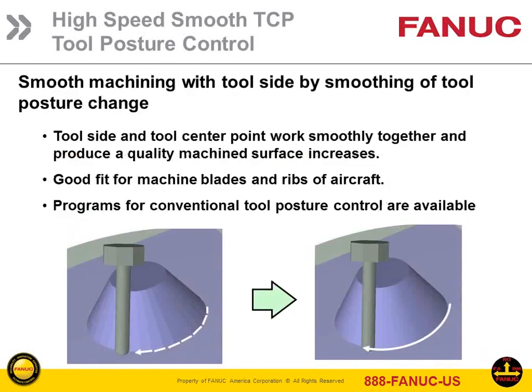What's good about this is you get tool side and tool center point working smoothly together and producing a quality machined surface. This is good for aerospace parts, machine blades, ribs of aircraft. Programs for conventional tool posture control are also available.